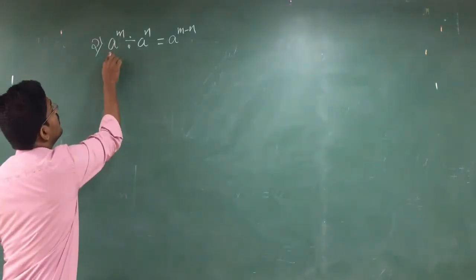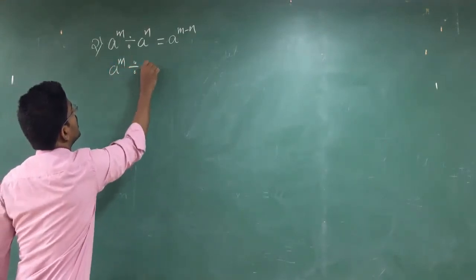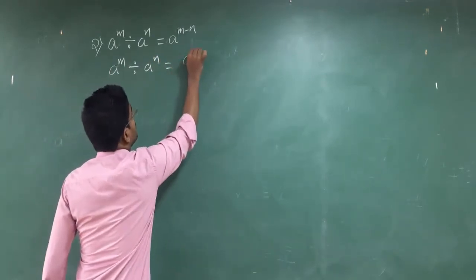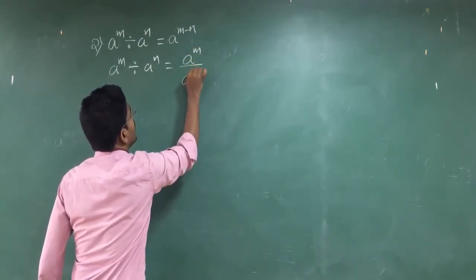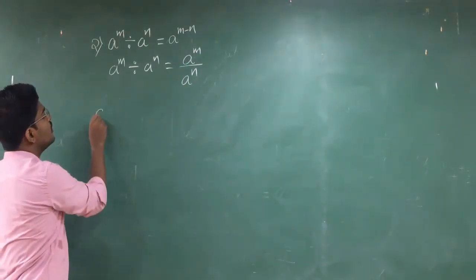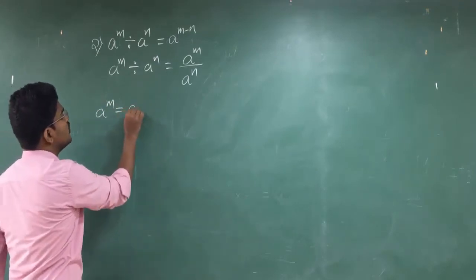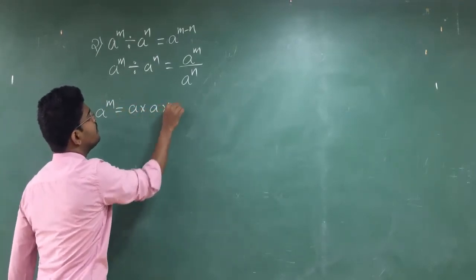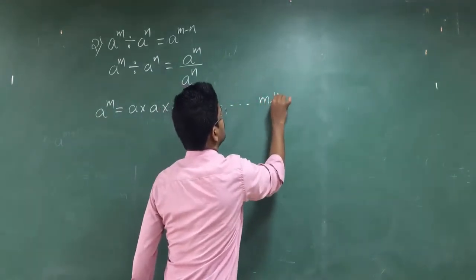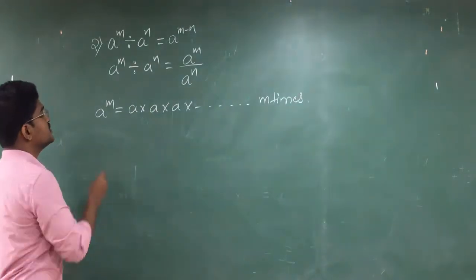So a to the power of m divided by a to the power of n is nothing but what? A to the power of m divided by a to the power of n. Clear? So as you all know, a to the power of m is equal to a multiplied for m times.